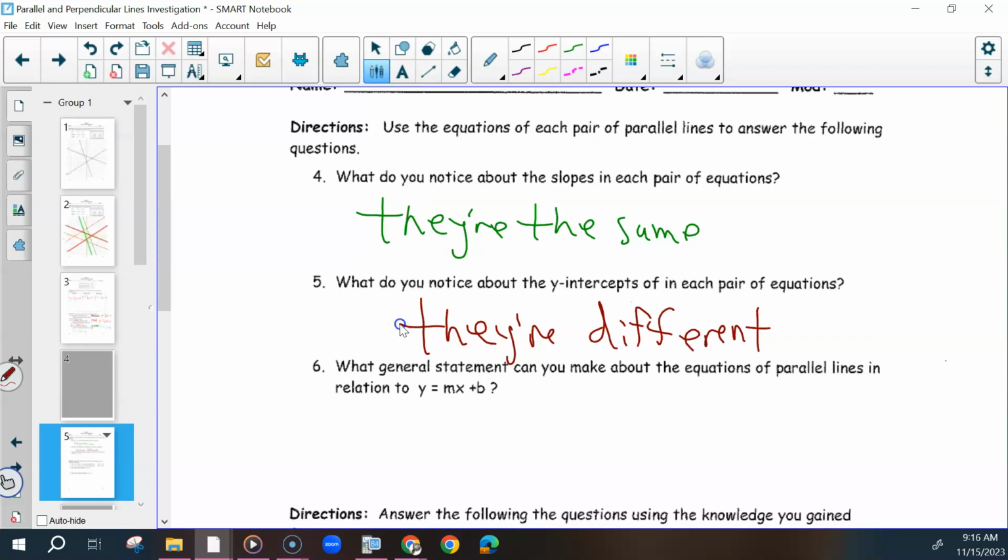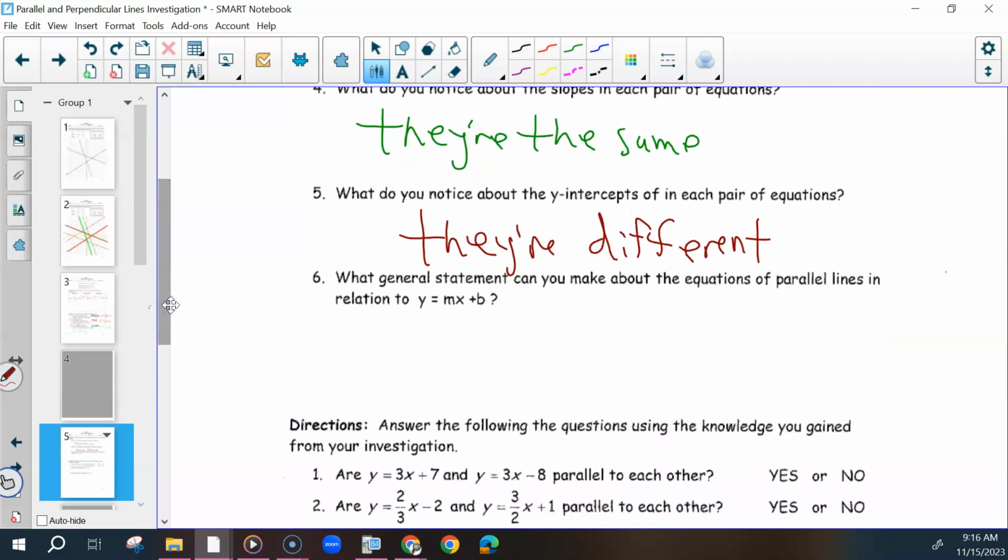So when we talk about parallel lines, yes, we use the definition that they look like they're close to each other or, what did you say earlier about parallel lines? They're next to each other or something like that. But specifically, they have the same slope and different y-intercepts.